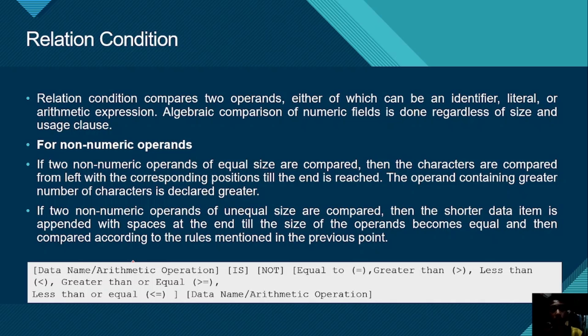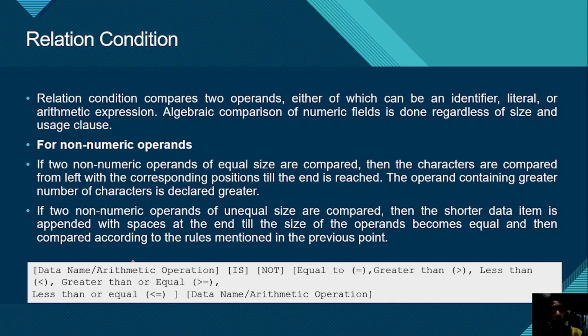For non-numeric operands, if two non-numeric operands of equal size are compared, then the characters are compared from the left, with the corresponding position, till the end is reached. The operand containing the greater number of characters is declared greater.